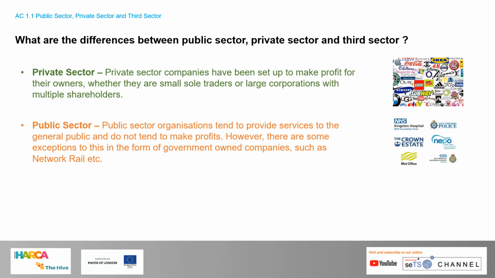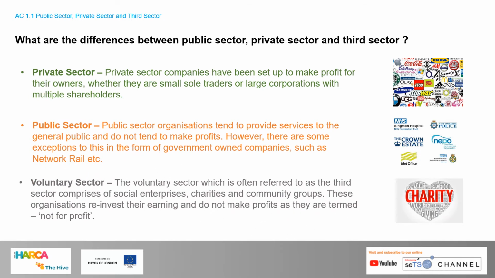However, there are some exceptions to this in the form of government-owned companies such as Network Rail. Voluntary sector. The voluntary sector, which is often referred to as the third sector, comprises social enterprises, charities and community groups. These organisations reinvest their earnings and do not make profits, as they are termed not for profit.